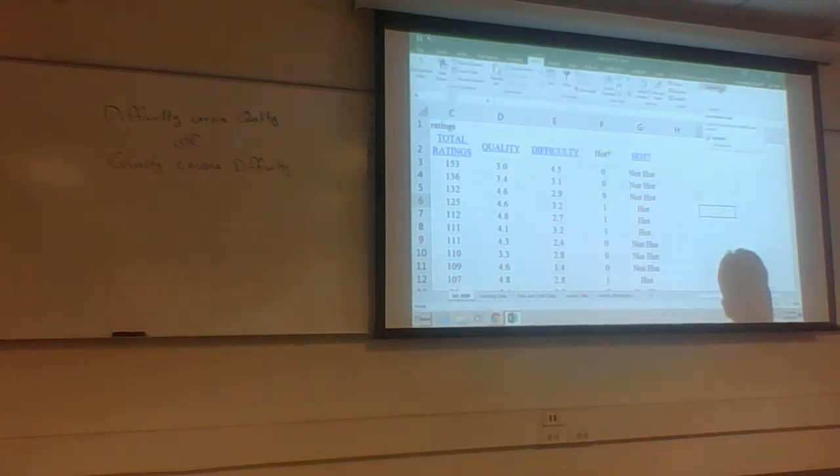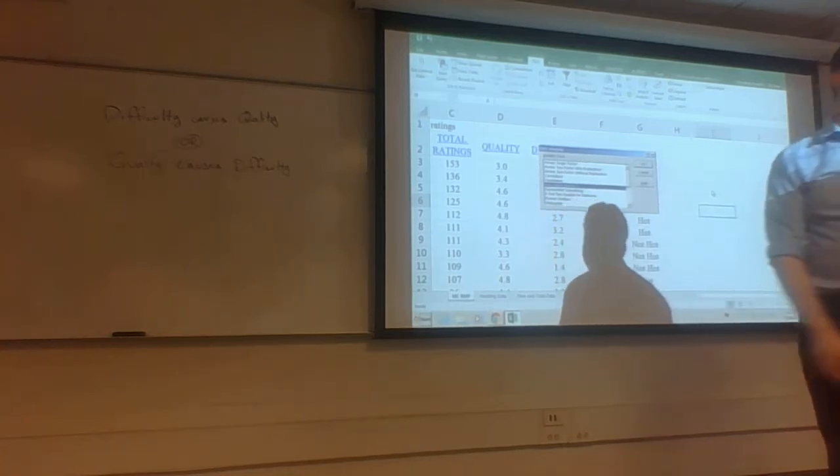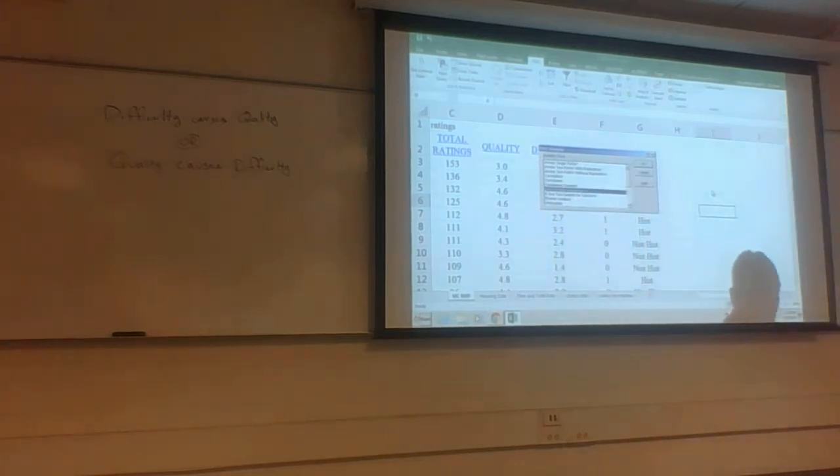So everyone has data analysis. And when you pull it up and you scroll down, you should see something that begins with R. Random number? No. Regression. Also, yes. Regression.